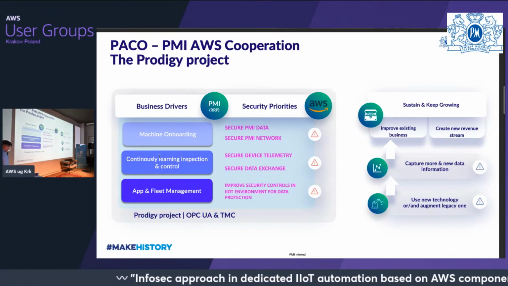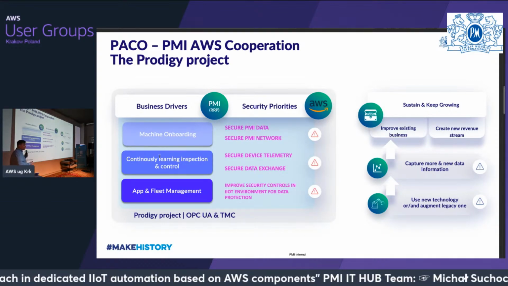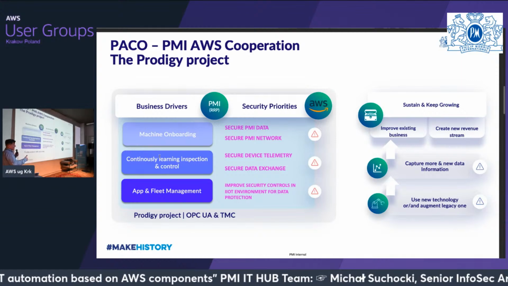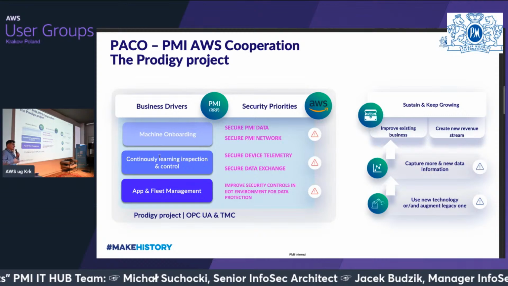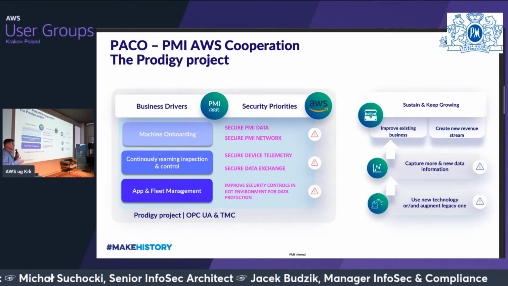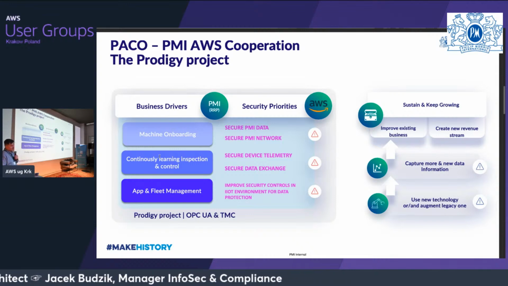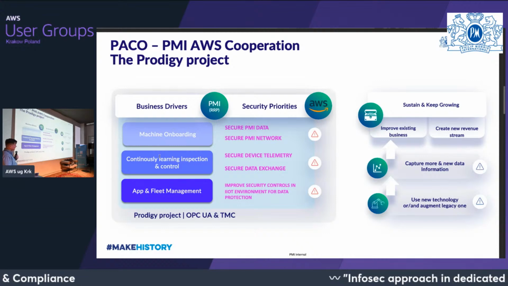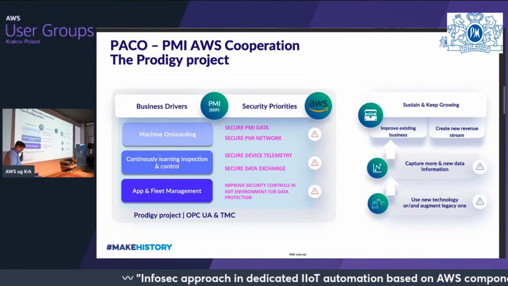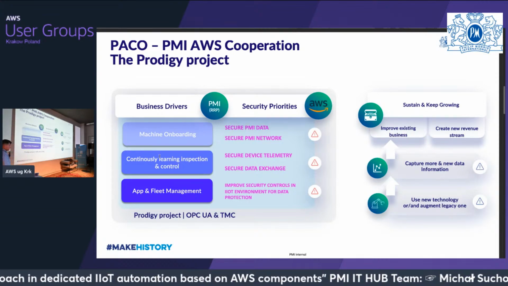Also, what is important, we need to keep in mind regulation, because right now, due to the RRP, PMI is becoming more like a pharmaceutical company. So we also need to fulfill some regulations, for example FDA, when it comes to data as well.